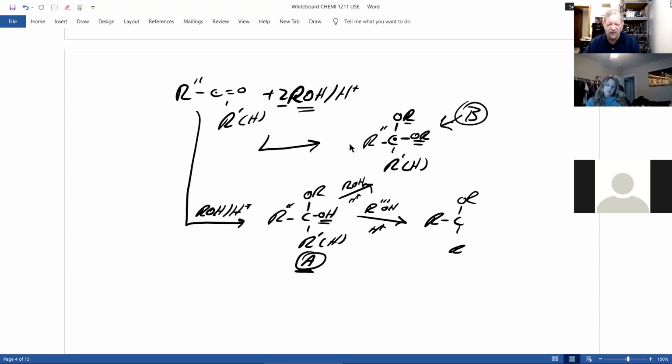What's attached to it, and the hydroxyl group is replaced with OR. In this case, the R is triple prime. So the oxygen alkyl groups are different. And this is unsymmetrical addition.